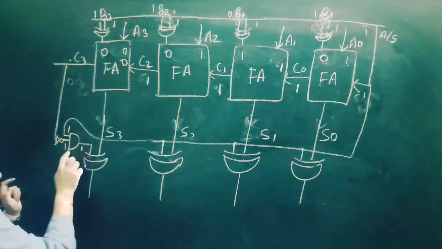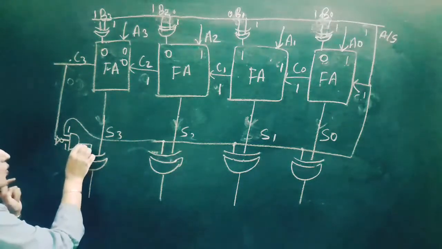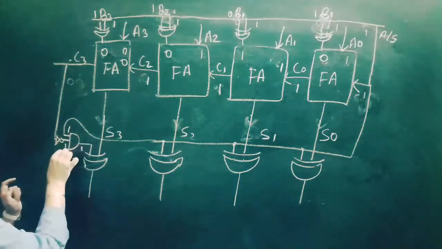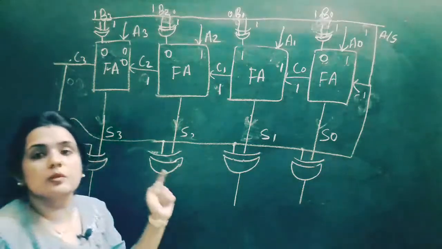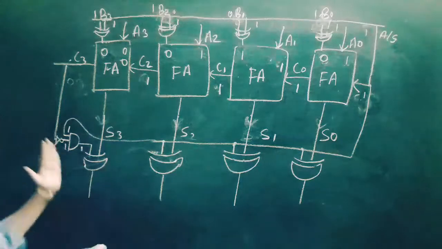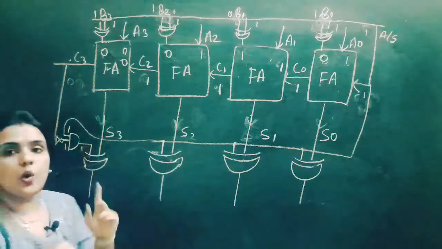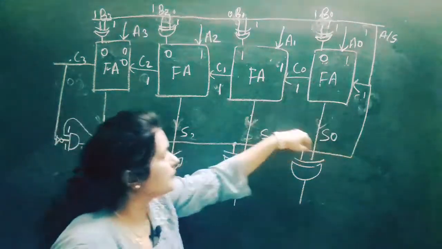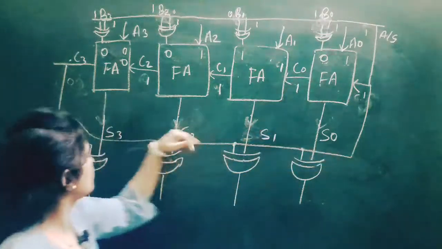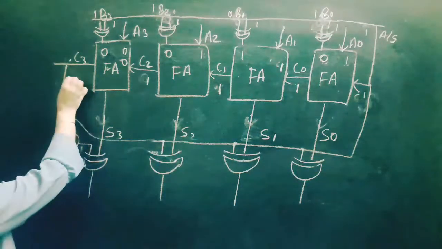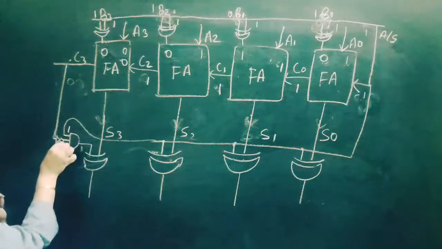So the output of this AND gate will also be equal to 1. When both of these inputs are 1, the output of this gate will be equal to 1. So this AND gate will give us 1 only when we are performing subtraction, that is the signal is equal to 1 and C3 is equal to 0.